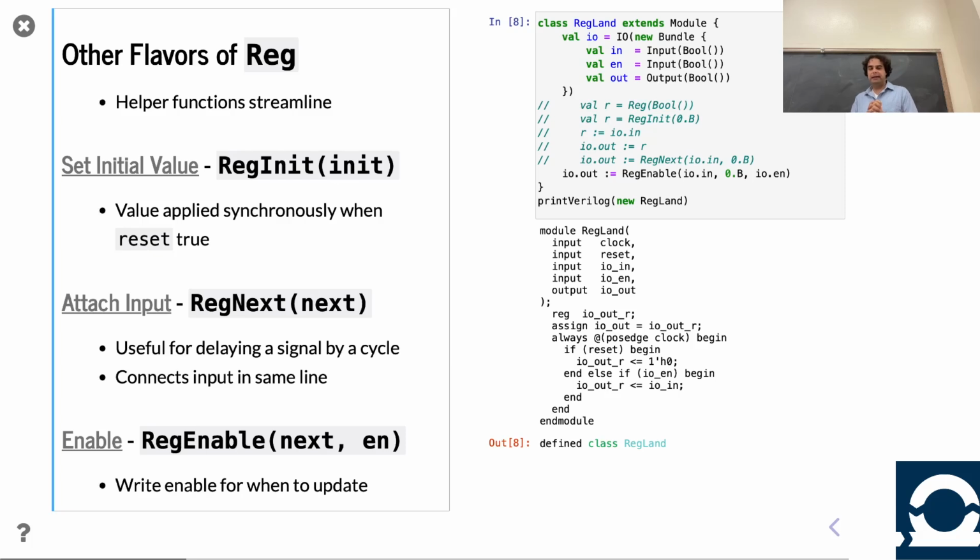But when it came to practice in industry, a lot of times synchronous registers work for the vast majority of cases. The times they weren't the right choice was when you wanted asynchronous reset. I'm not going into all the details, but asynchronous reset means the reset takes precedence independent of the clock signal. The reason you want that is when turning your chip on, the clock may not be ready yet.